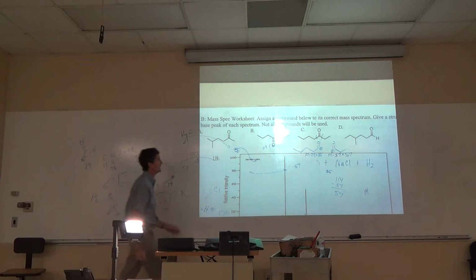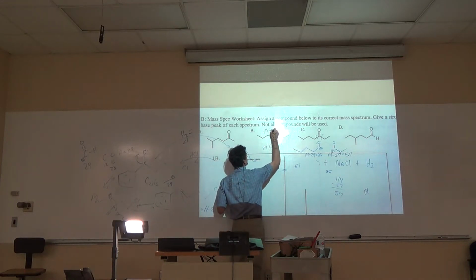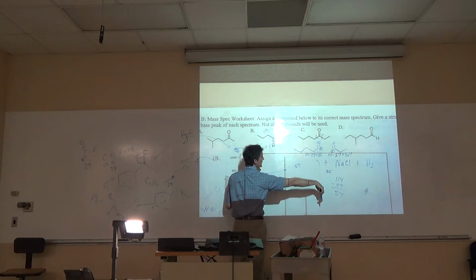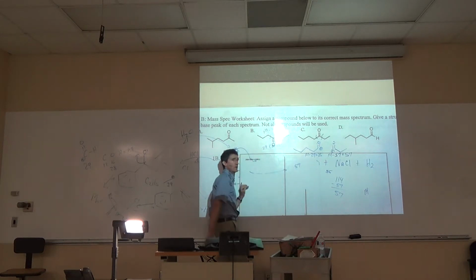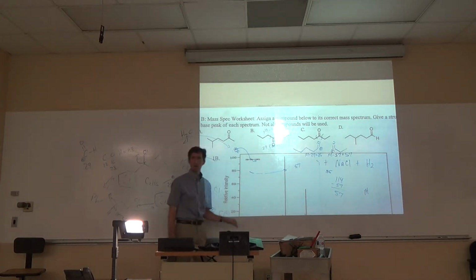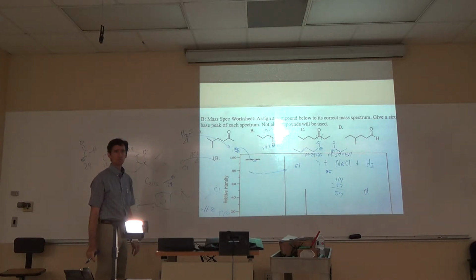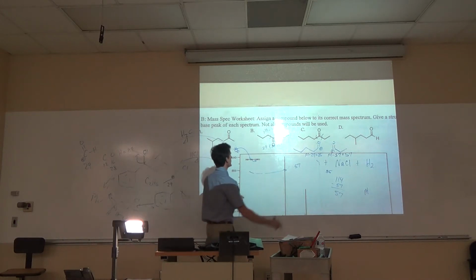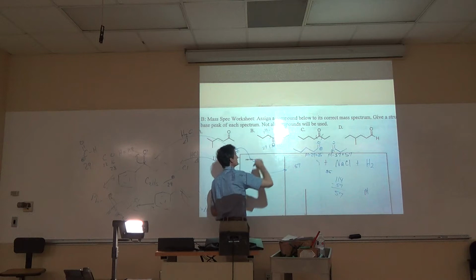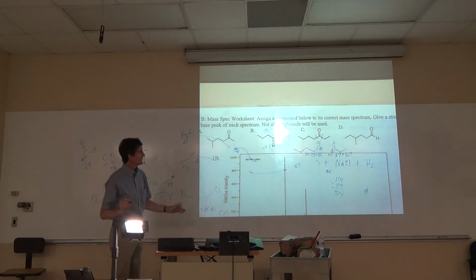It's going to be M minus 43, which is 114 minus 43. What's that? 71. Yes, 71, right? You cleave on either side, both acyliums are going to be 71.